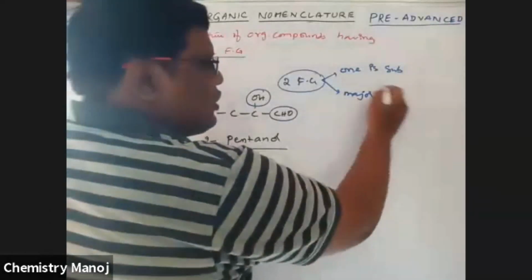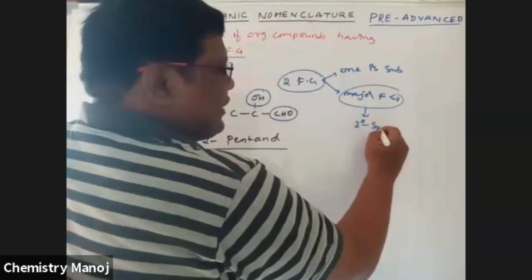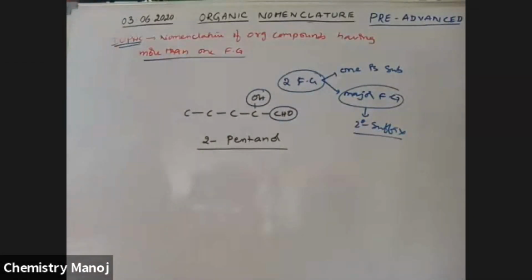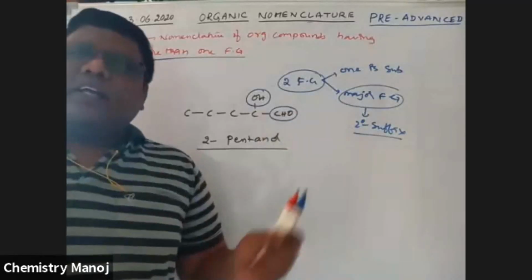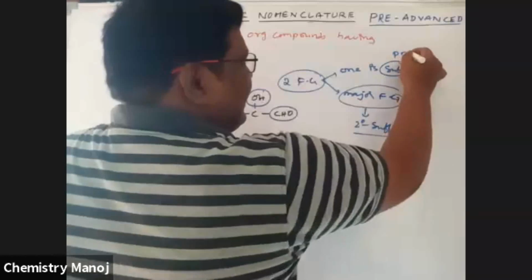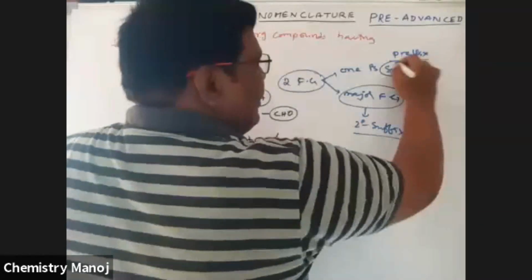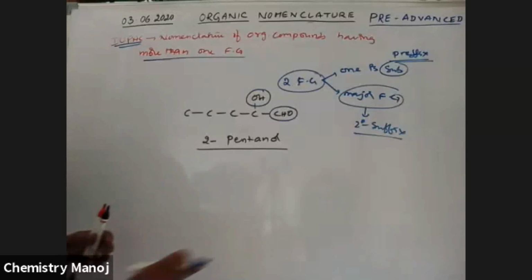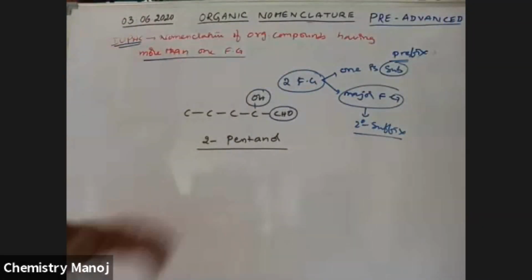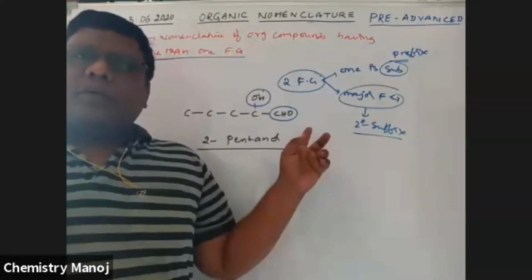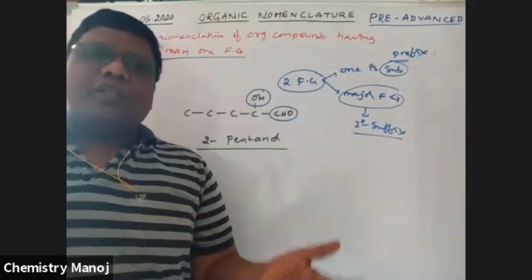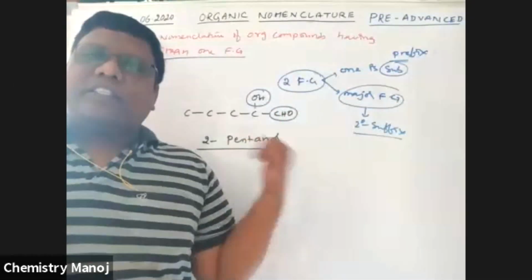The major functional group is taken as the secondary suffix, and the other one is taken as a substituent, which is given as a prefix. So one of these two functional groups is a prefix and the other is a suffix. The major functional group is the suffix, and the least one is taken as the prefix.